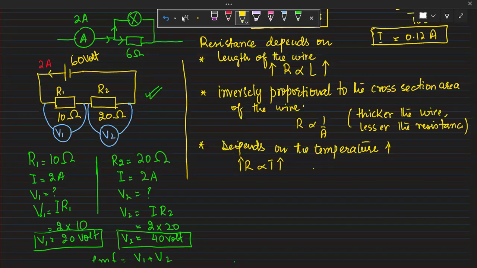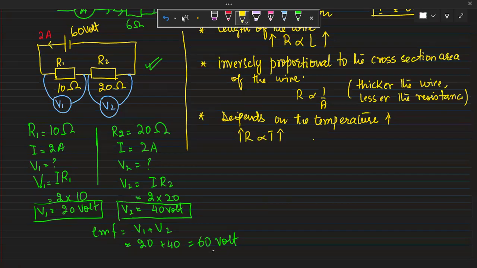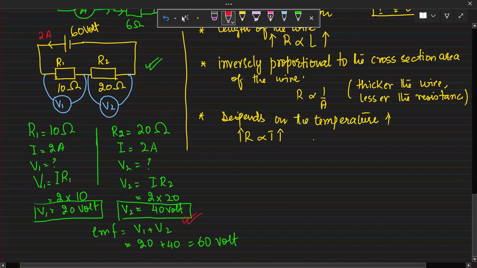One thing I want to discuss: if you observe the voltage drop across both resistors, you will see the voltage drop is greater across 20 ohm than across 10 ohm. So remember this concept as well. If you compare the voltages across 20 ohm and 10 ohm, V2 is greater than V1.